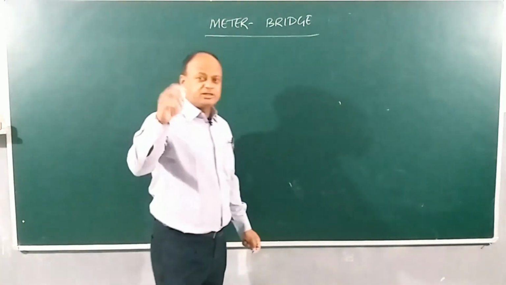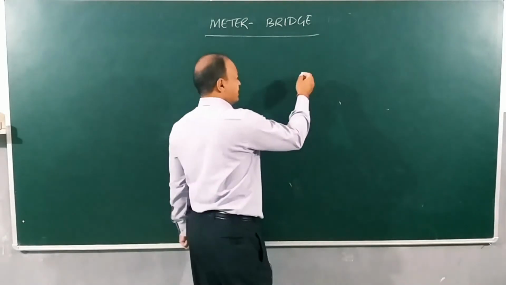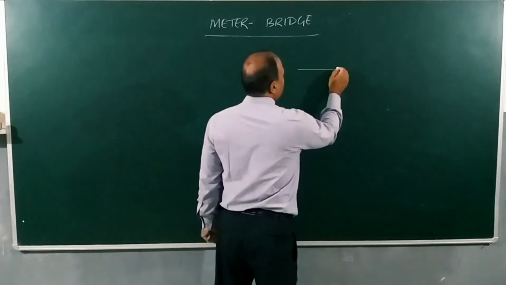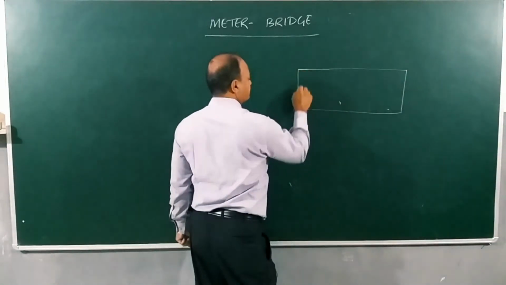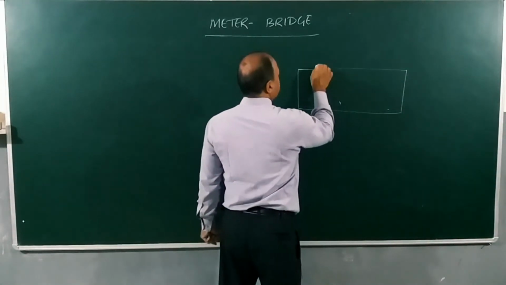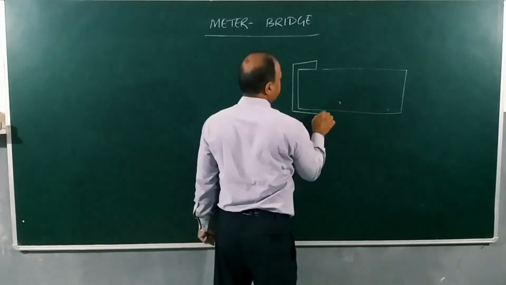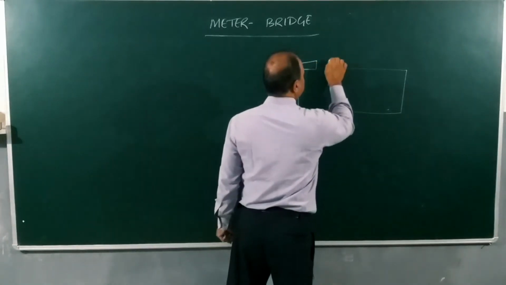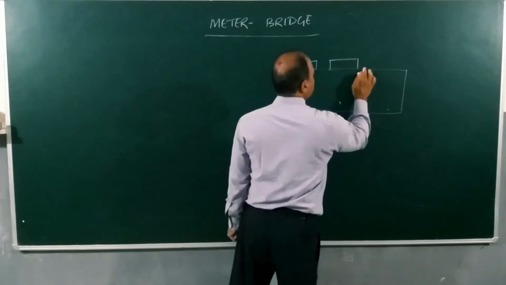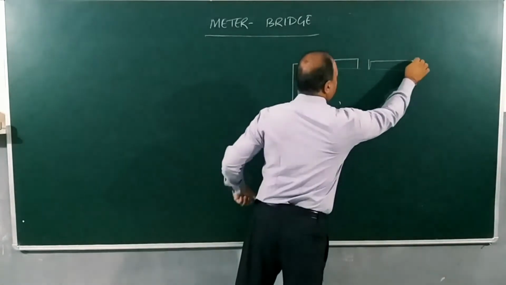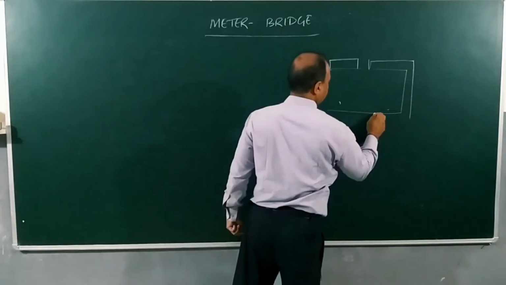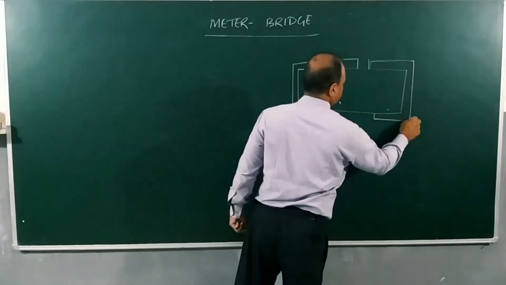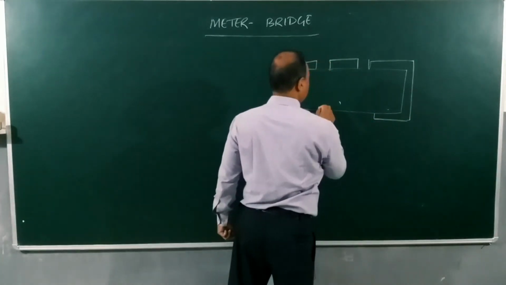Meter bridge. What is a meter bridge? A meter bridge is an arrangement which has got copper stripes like this. These are copper stripes. They are fitted on a wooden board. Here we have a scale.